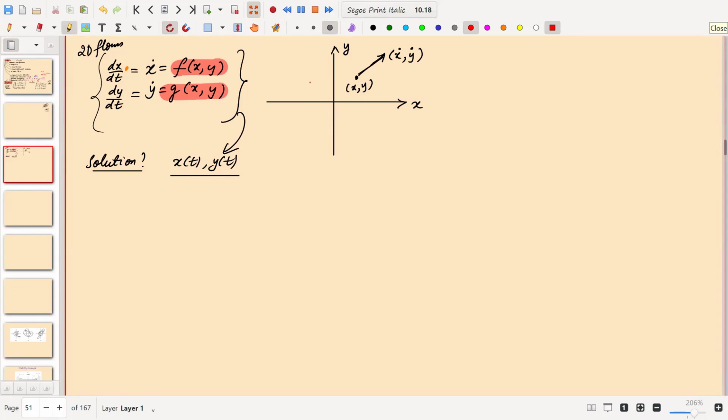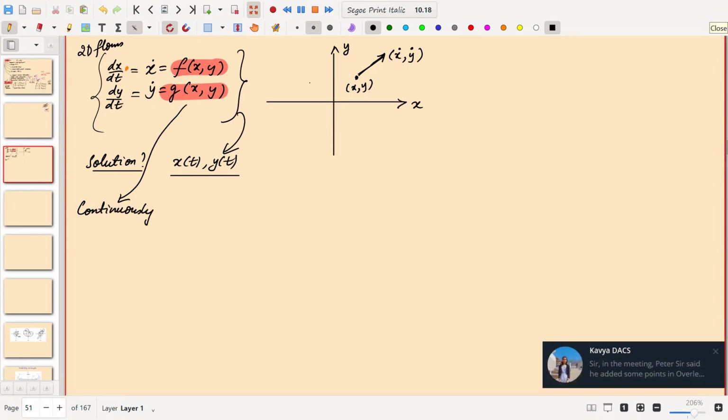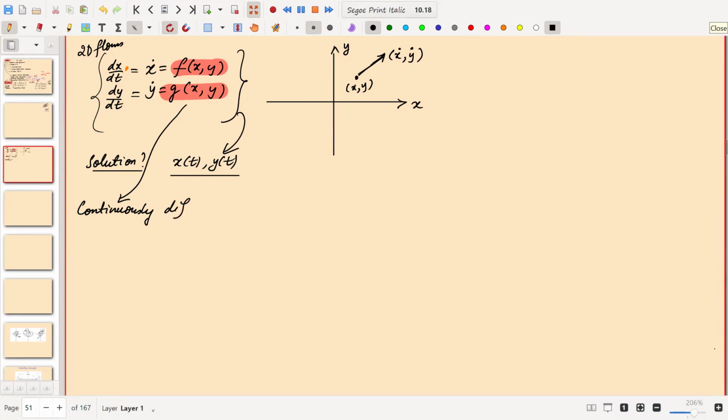That's something you have been learning since class 11th, that if these are continuously differentiable, if this is a continuously differentiable vector field, then the solution, that is x(t) and y(t), exists and is unique.